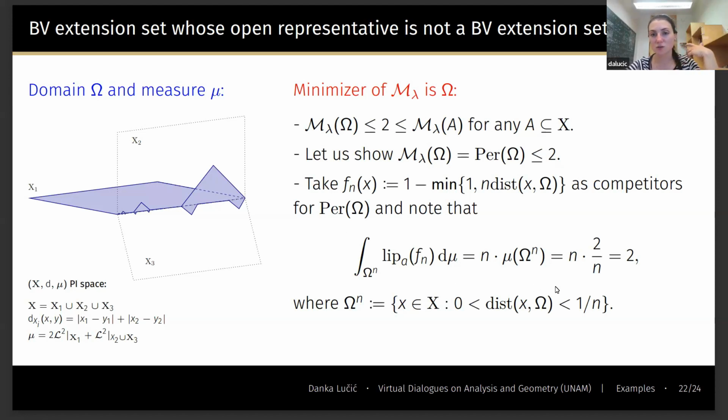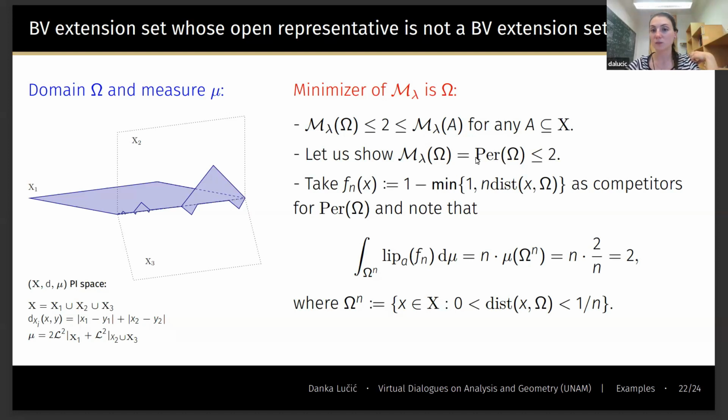Let me show you, because this has been shown just by using the very definition of the perimeter, by approximating by Lipschitz functions. So to see that the functional computed on omega is less or equal to 2, first notice that the part of the measure which is in the functional we don't see, because it's omega minus omega and it's 0.